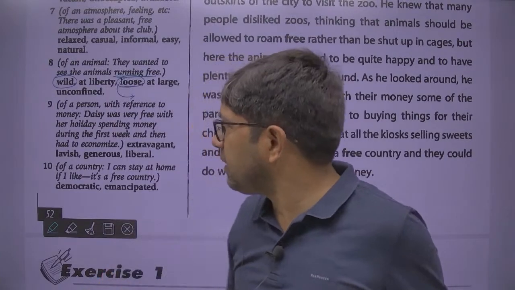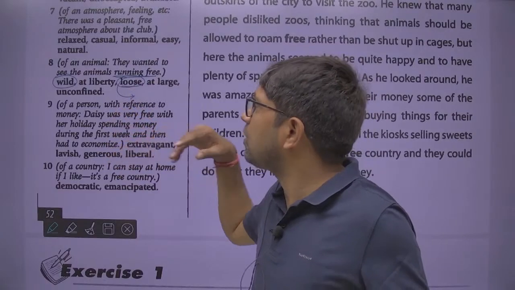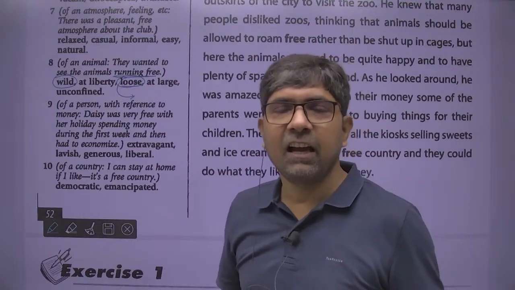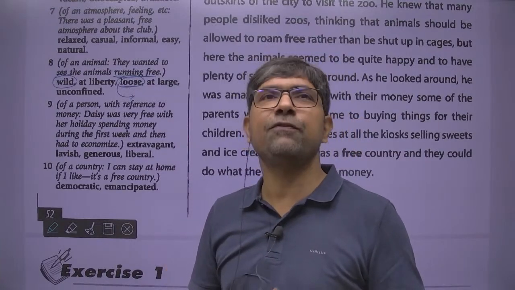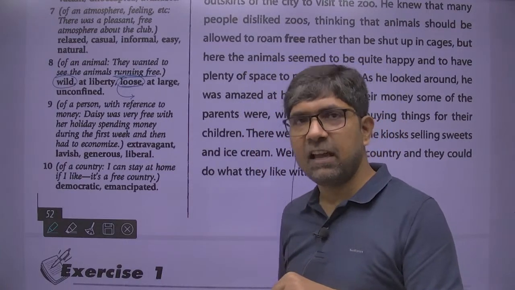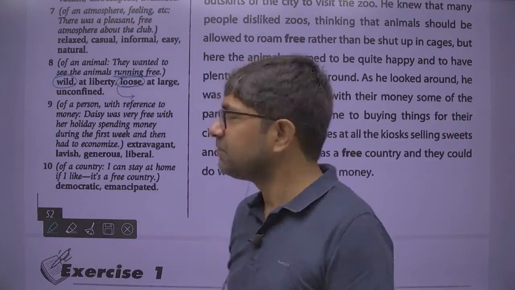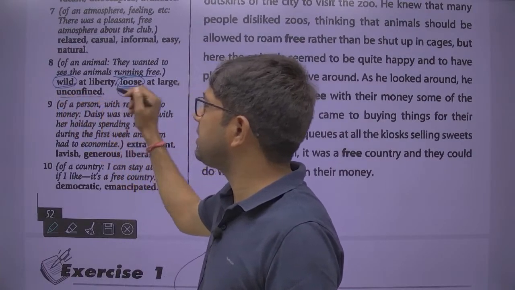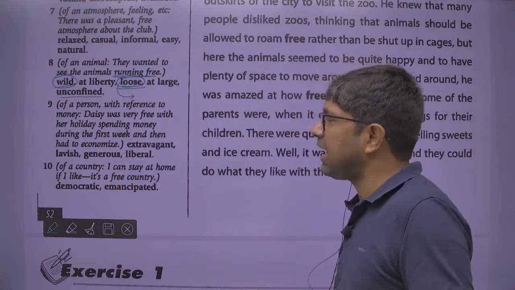So free means it is not confined, it is not tied to some peg, it is not chained. If an animal is free, it means it is not chained. If it is a bird that is free, it means it is not caged. So it is loose, it is unconfined, it is not chained, it is at liberty.